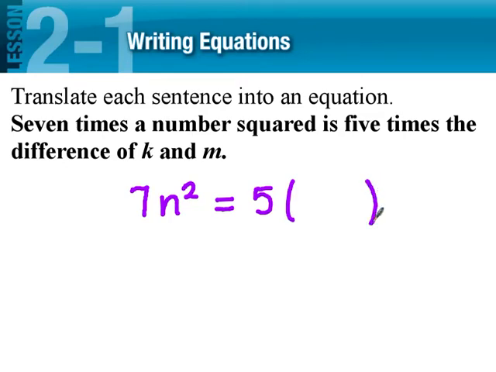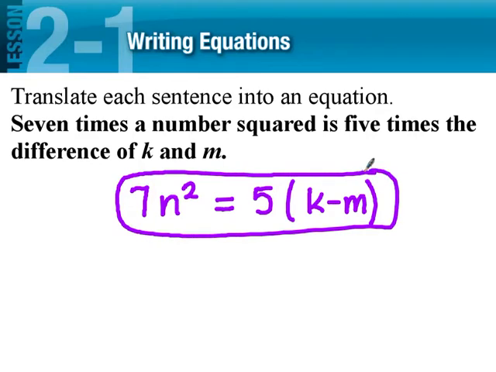And what would the difference of k and m be if I was going to write that? K minus m. Very good. So there you go. Translate this sentence into an equation. We did. We're done. Pretty straightforward. All we're going to do is add that equals sign now and another expression.